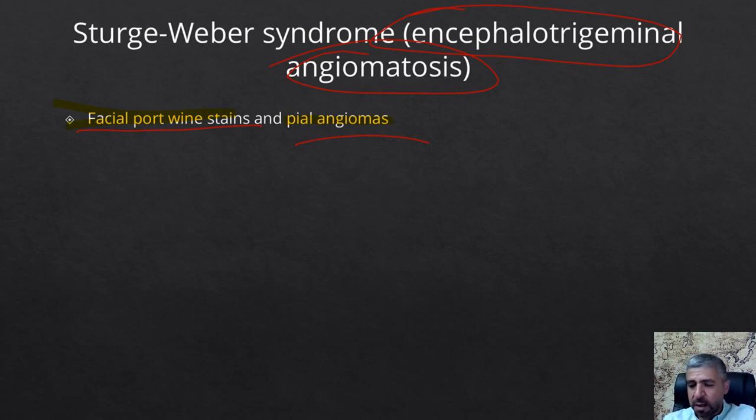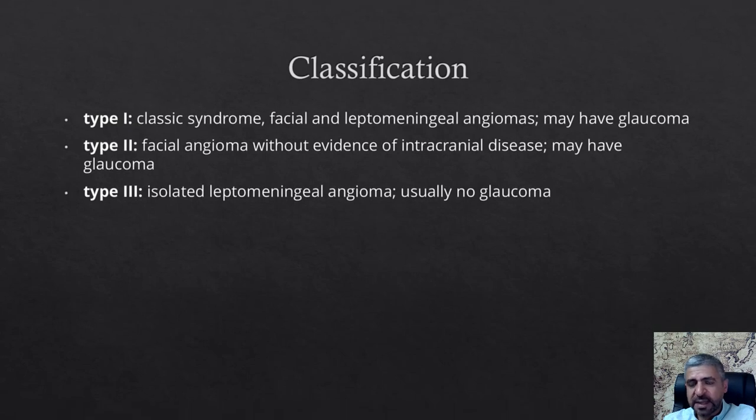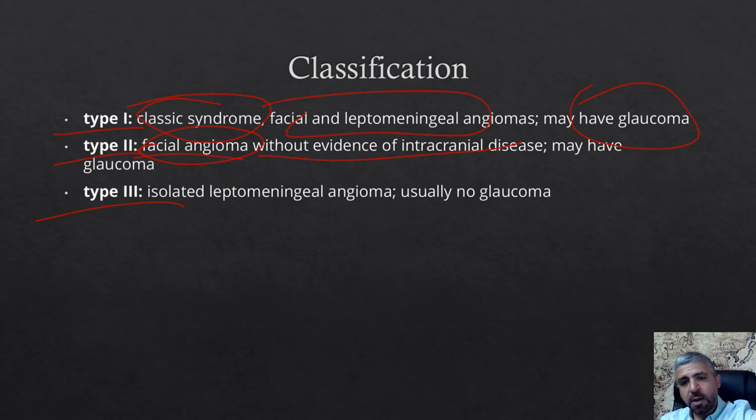So what is the classification of Sturge-Weber syndrome? We have three groups or classes of Sturge-Weber syndrome: type 1, type 2, and type 3. Type 1 is the classic syndrome. They have facial and leptomeningeal angiomas, and may have glaucoma, while type 2 is a peripheral type. They have the facial angioma, no intracranial disease, and also may have glaucoma.